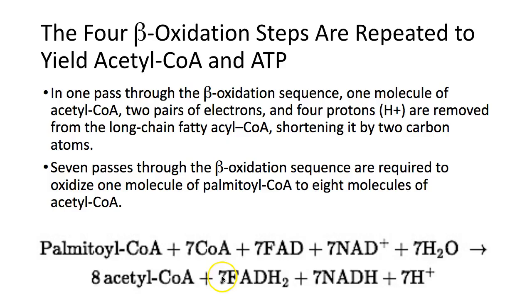So you have a product of 7 FADH2 that goes on to produce ATP, and 7 NADH that also goes on to produce ATP, and then some protons are also released.